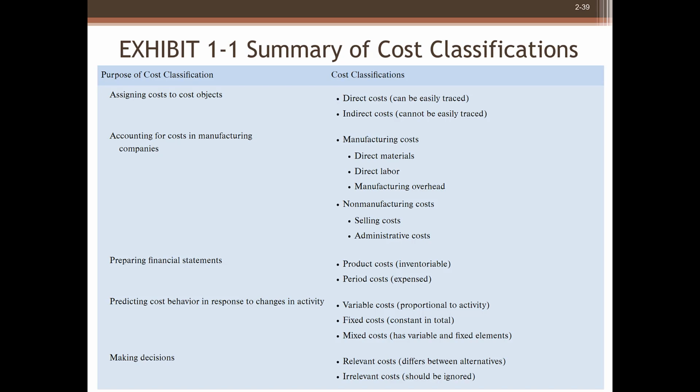Fixed cost is constant, but fixed cost per unit will decrease as the level of activity increases. Mixed cost includes both variable and fixed components. When making decisions, we should only consider relevant costs, but ignore irrelevant costs.